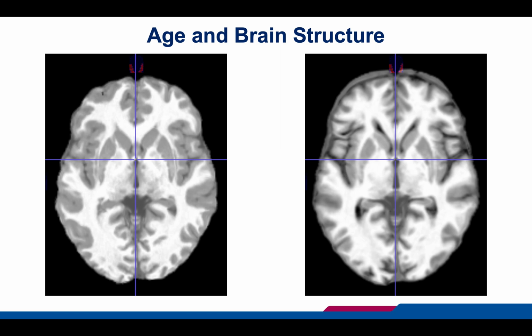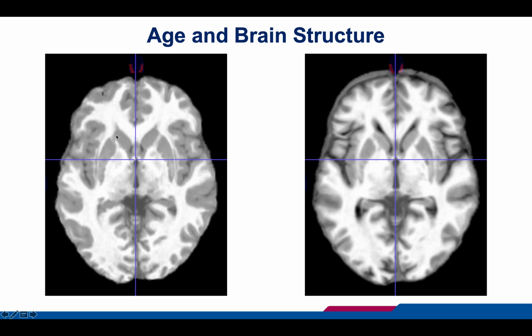And as you can see already from visual inspection, there are quite a few conspicuous differences between these two images. For example, the sulci are very narrow here in the young subject, but substantially wider in the older one. And that also, for example, pertains to the inner CSF rooms.